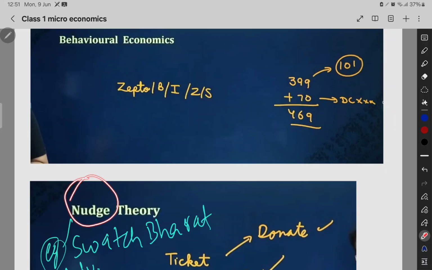What is nudge theory? Nudge theory is incentivizing someone to donate. For example, when you buy tickets in Book My Show, you find that donate to the poor. Usually this thought never comes that I need to donate to the poor.